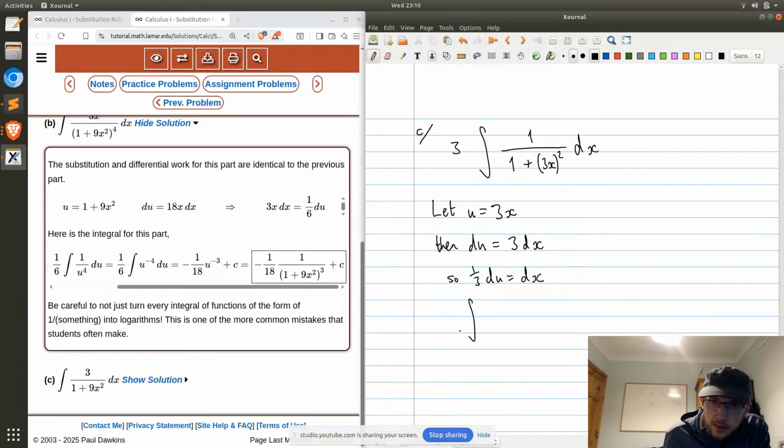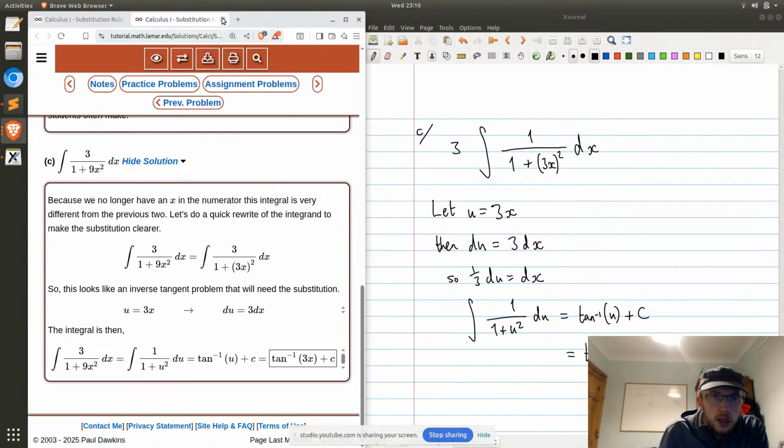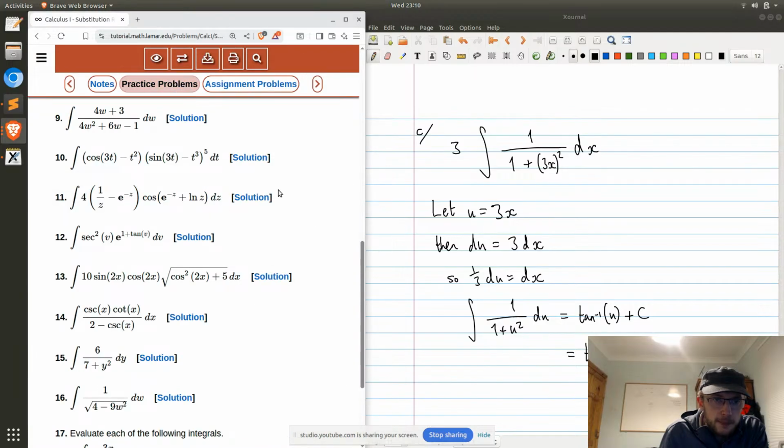That 1/3 comes out, cancels out that 3, and so we get 1 over 1 plus u squared du. And that is arctan of u. Is it not? And that is arctan of 3x plus c. That's correct. Okay.